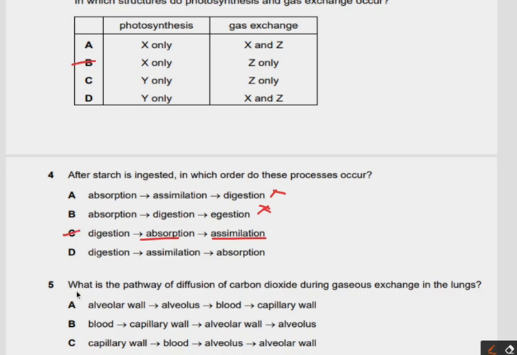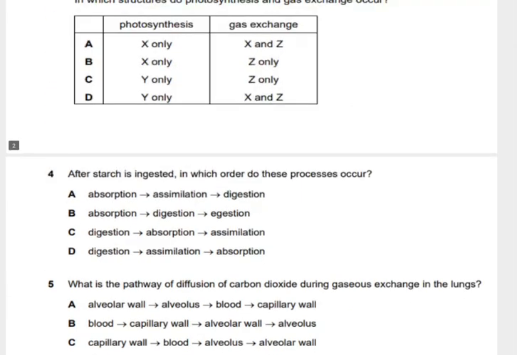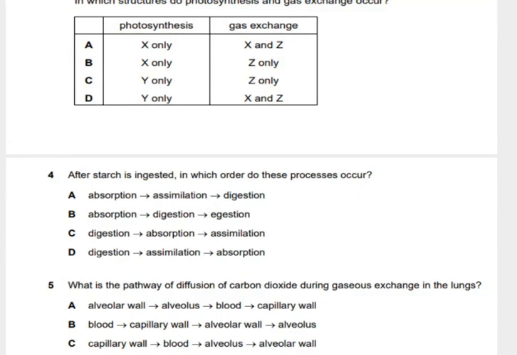Then for question 5, it's saying what is the pathway of diffusion of carbon dioxide during gaseous exchange in the lungs? So here we're talking about carbon dioxide. Carbon dioxide is produced after respiration has occurred, so it is coming from the body tissues and it is going to be transported by blood, isn't it?